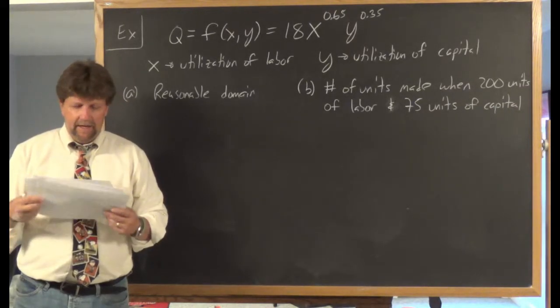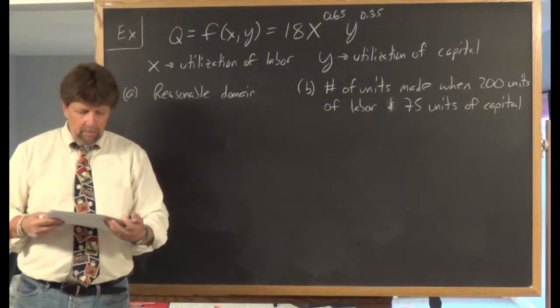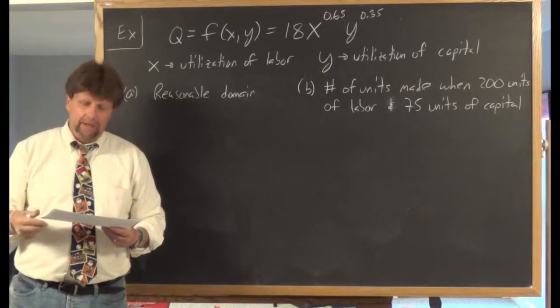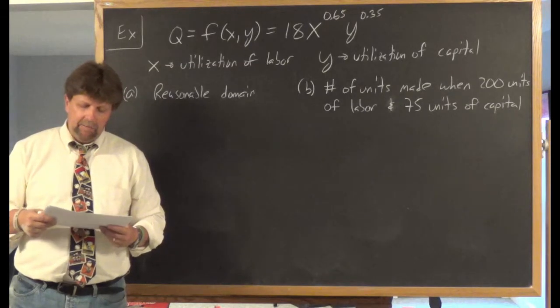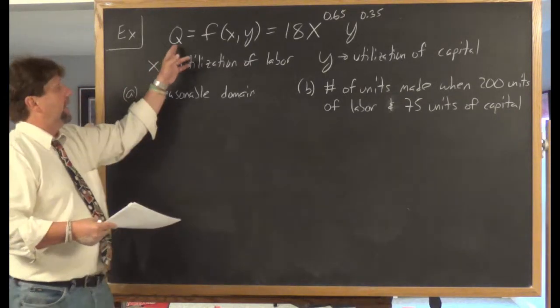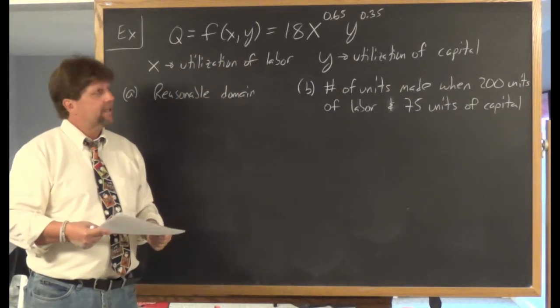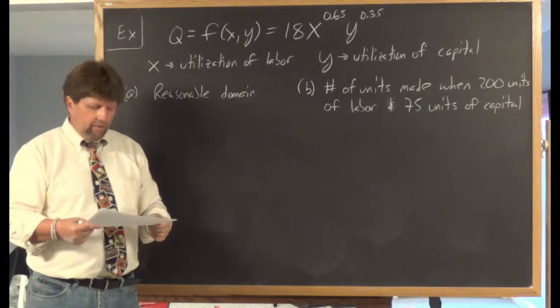In the example, a tablet manufacturer had a Cobb-Douglas production function given by Q equals f of x, y equals 18 x to the 0.65, y to the 0.35.